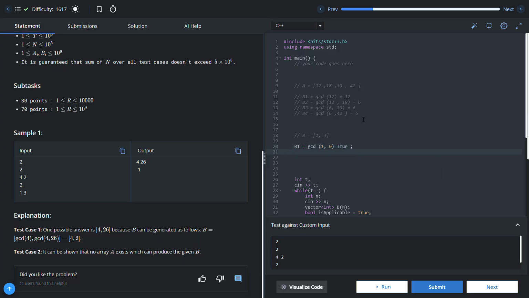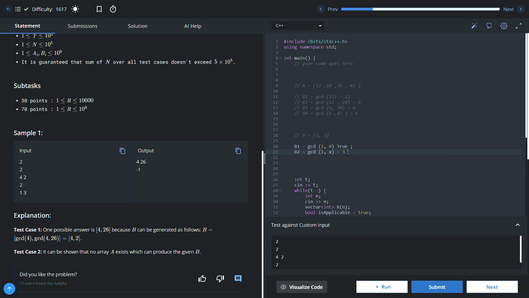Now for B2 we have to find the GCD of 1 comma 3, and the GCD becomes 3.